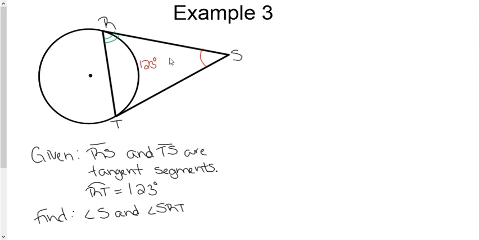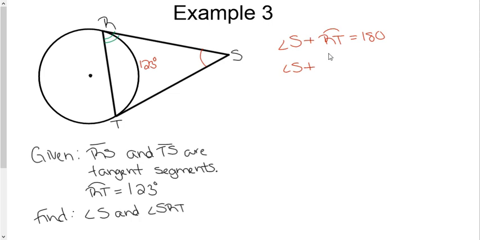We know that a tangent angle and its minor arc have to add up to 180. So that means angle S plus arc RT have to add up to 180. So I'm going to start plugging things in here. I don't know what angle S is, so I can't put anything down for that one.